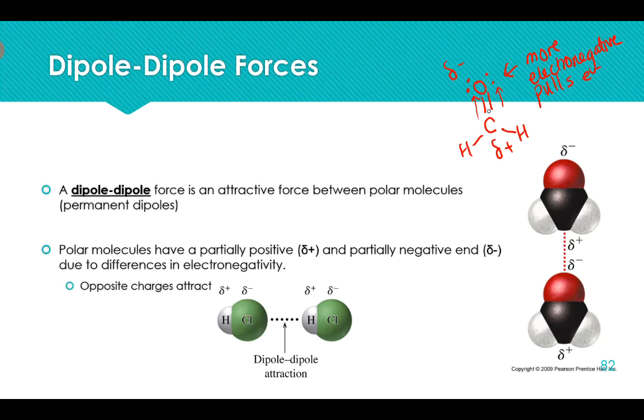Since this dipole is permanent, it always is there, then another molecule, just like it, is also polar. Opposites attract, and so you'll have the partially positive end of one molecule align with the partial negative of another molecule. And so this dotted line here is representing the dipole-dipole force.